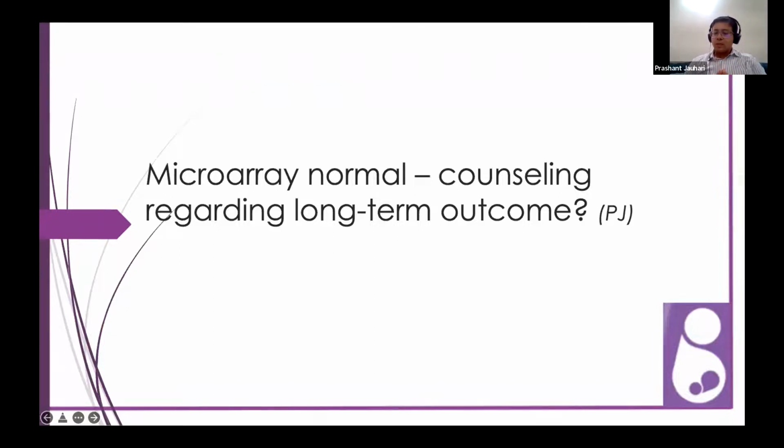If we are sure that it is an isolation, then we can suggest to them, because if we don't find any abnormality in our neurosonogram, and maybe with a fetal MRI, the possibility would be that in almost 70 to 75% of cases, the child is going to behave normally.